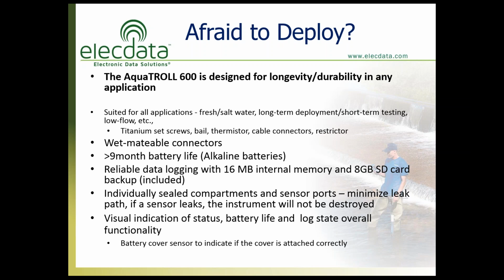Another cool thing that they did with the development and engineering of the probe is they have individually sealed compartments and sensor ports to minimize leaks or the potential leak paths within the device. So if a sensor leaks because it's cracked or broken, the instrument won't be destroyed because that'll basically be confined to one area.